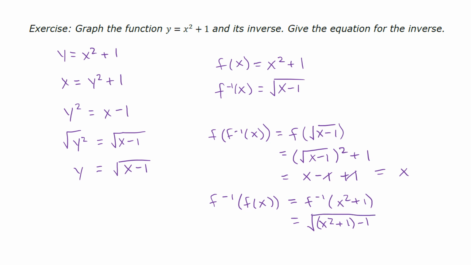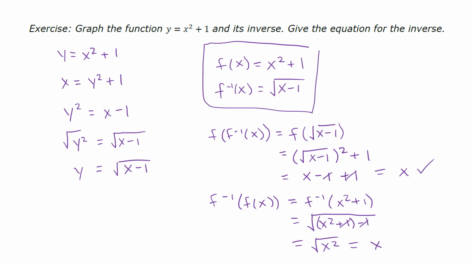We can drop the parentheses, which will allow us to eliminate the 1 minus 1, which is 0. So we will then have the square root of x squared, which is x. So we know now that both equations, f of x and the inverse of f of x, are inverses of each other.